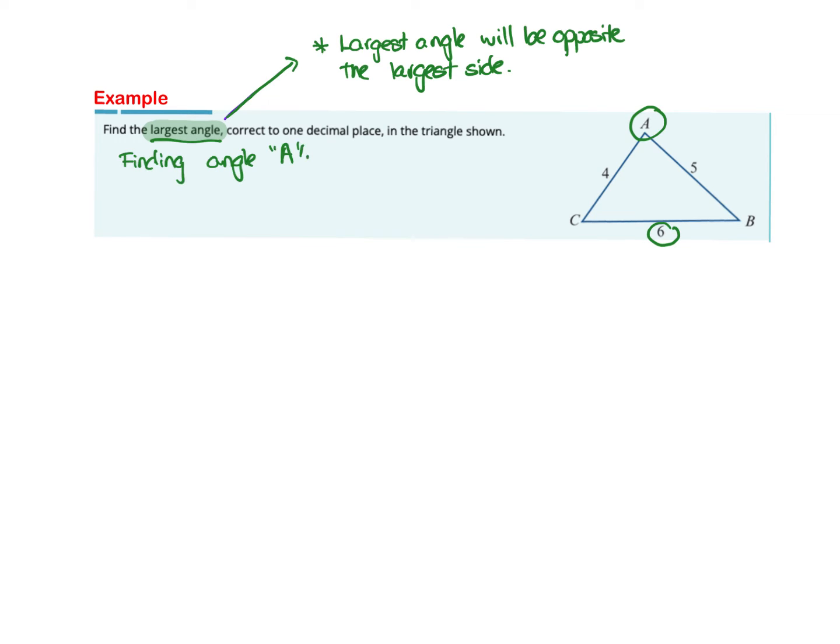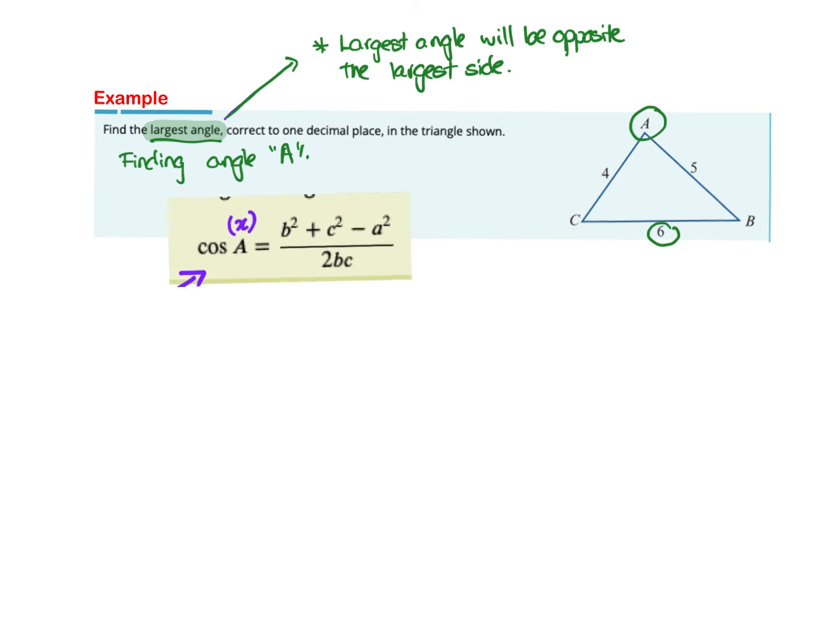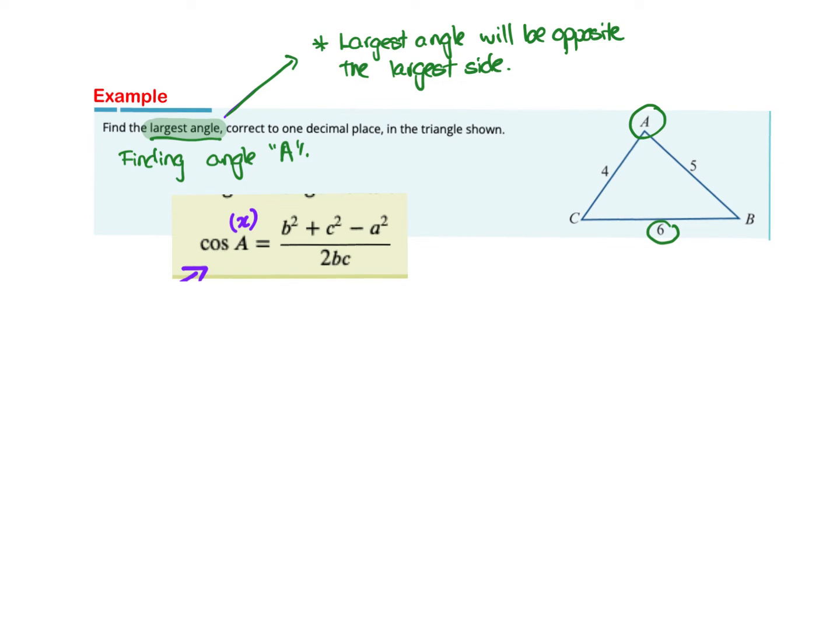Okay, so we're in the cosine chapter, so we want to use the cosine formula for finding angle A. So I'll go grab that. Okay, so I've gone and found the cosine angle A. We'll just type x as our unknown, just so when we type it in our calculator, it's a bit easier.